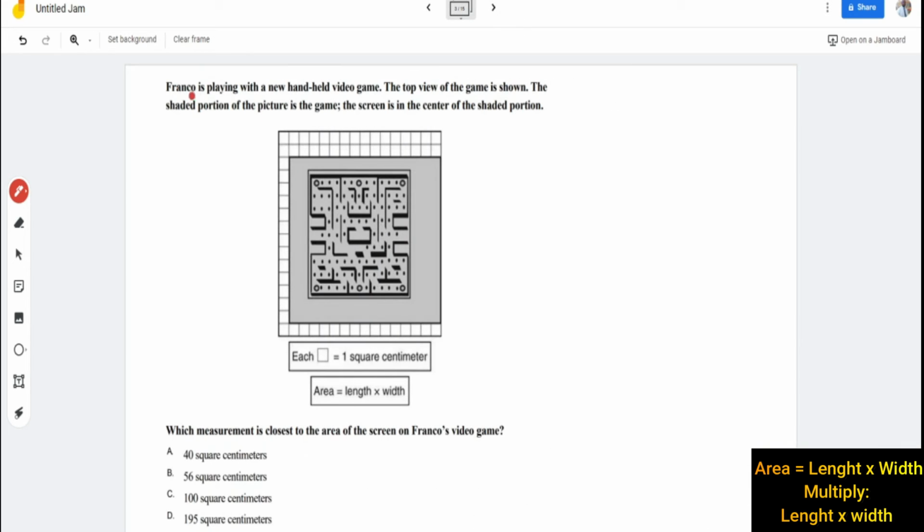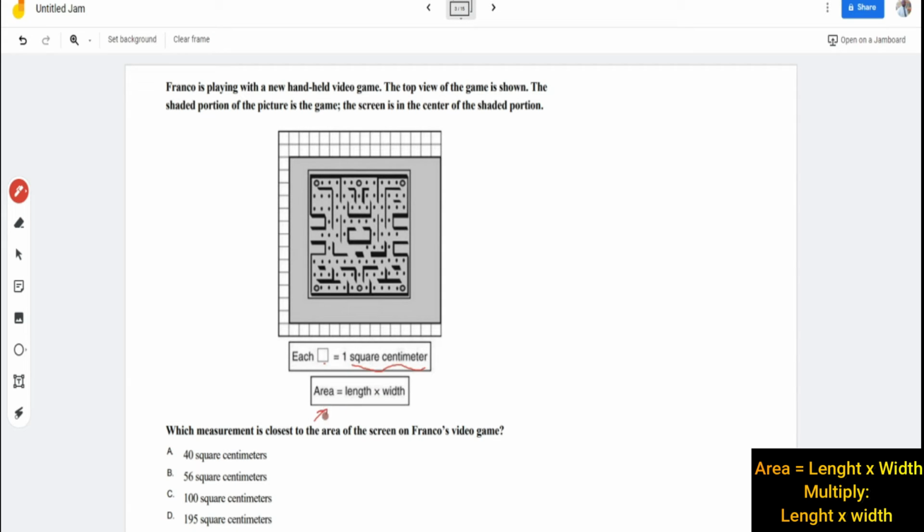Next, Franco is playing with a new handheld video game. The top view of the game is shown. The top view is this one here. The shaded portion of the picture is the game. The screen is in the center of the shaded portion. This is the screen. Each square is equal to 1 square centimeter.